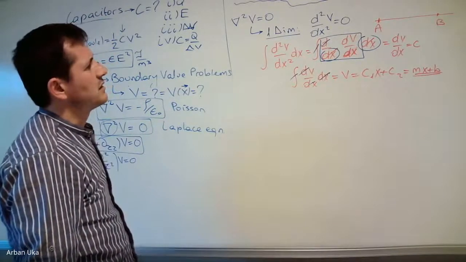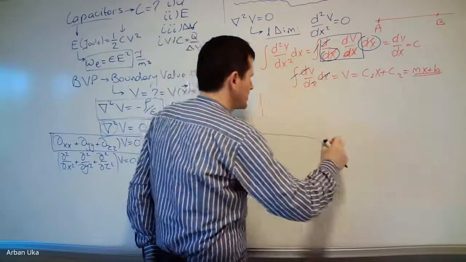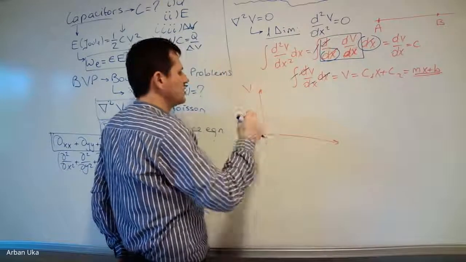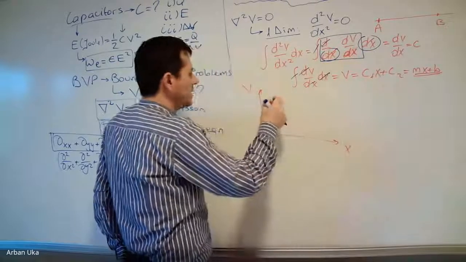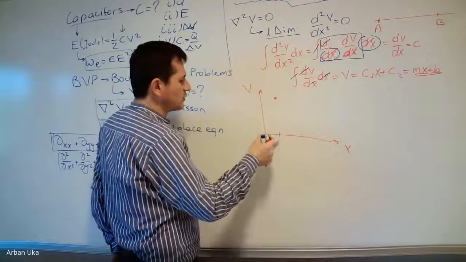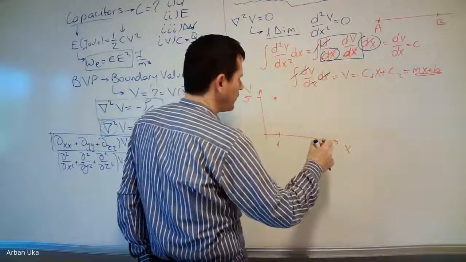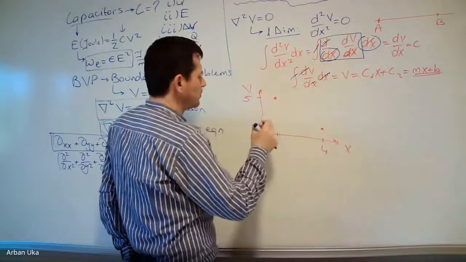No, I think better is if we do it like this. So let's assume that this is the potential and this is the x, and now we know that at some point 1, when x is equal to 1, the potential is, let's say, 5 volts. At some point 4, the potential is equal to 1.